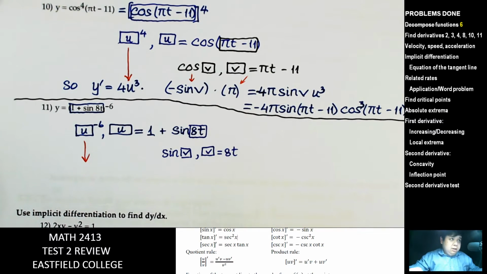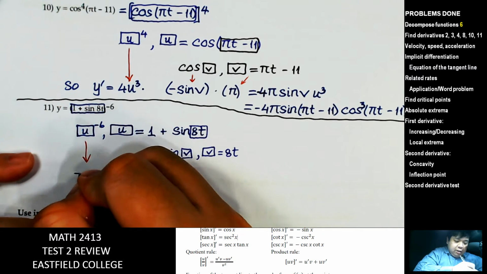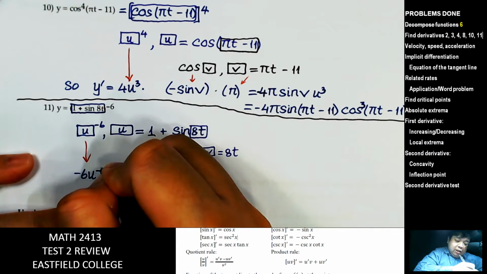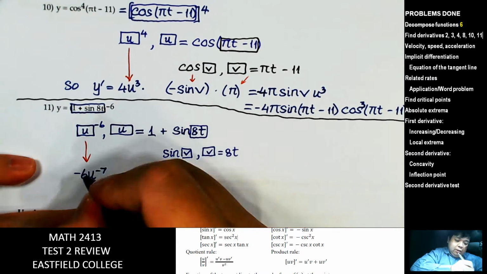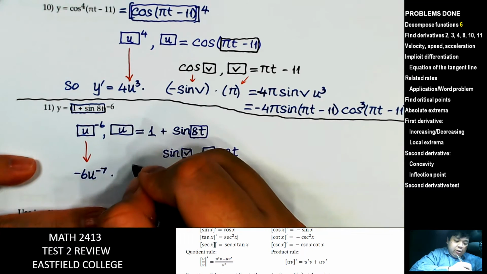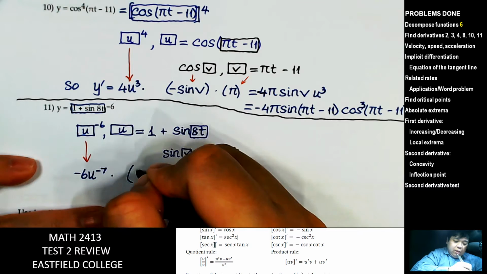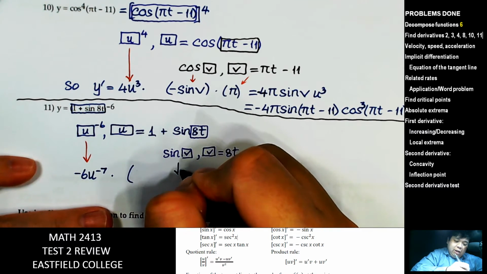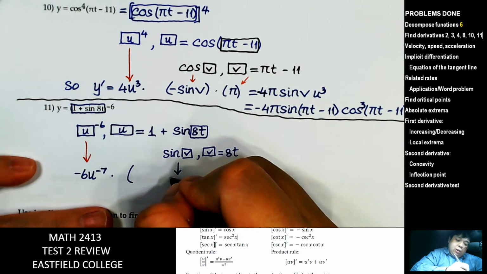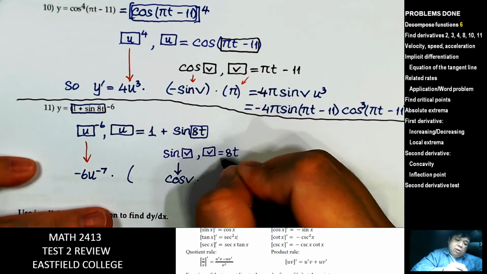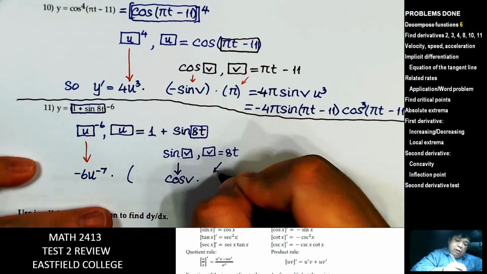Derivative: negative 6 u to negative 7 times derivative of 1 is going to be 0, and then the derivative of this is the cosine v times 8.